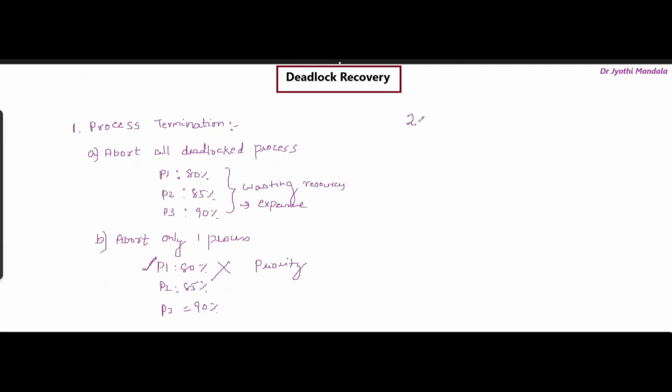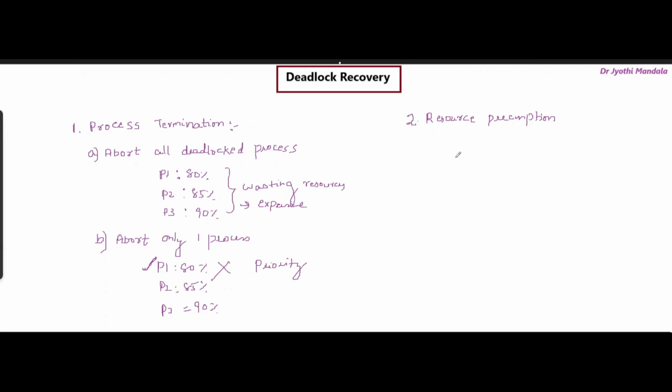And the second approach is resource preemption. You already heard this word called preemption. Preemption is nothing but removing the resources from the process. Whichever process is creating the deadlock, we have to forcibly take out the resources from that process.